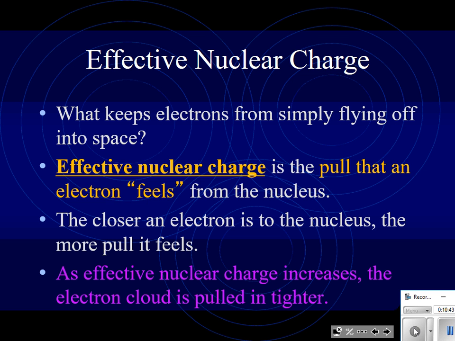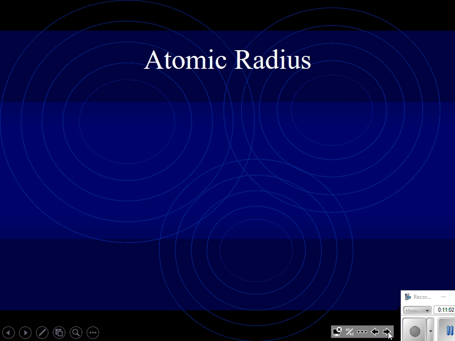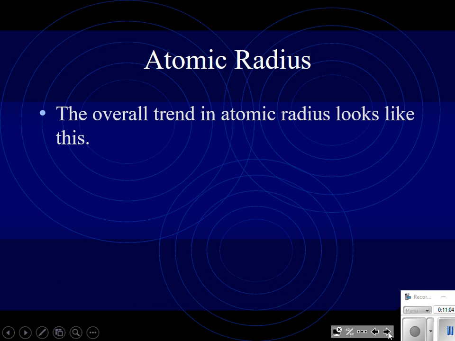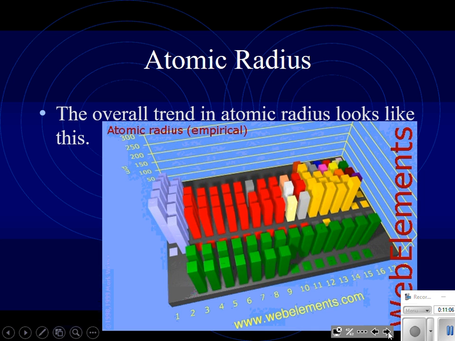The closer an electron is to the nucleus, the more it's pulled in. So as the effective nuclear charge increases, the pull on those electrons gets tighter and tighter, closer and closer. Therefore, the overall trend will look like this.